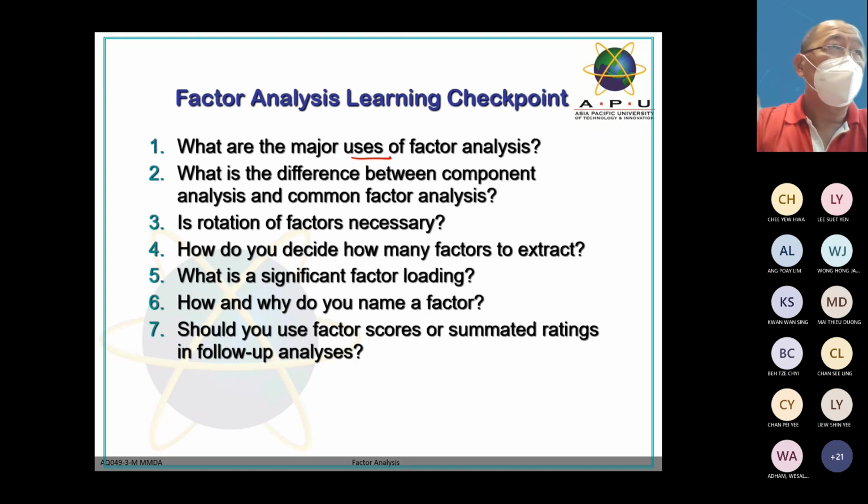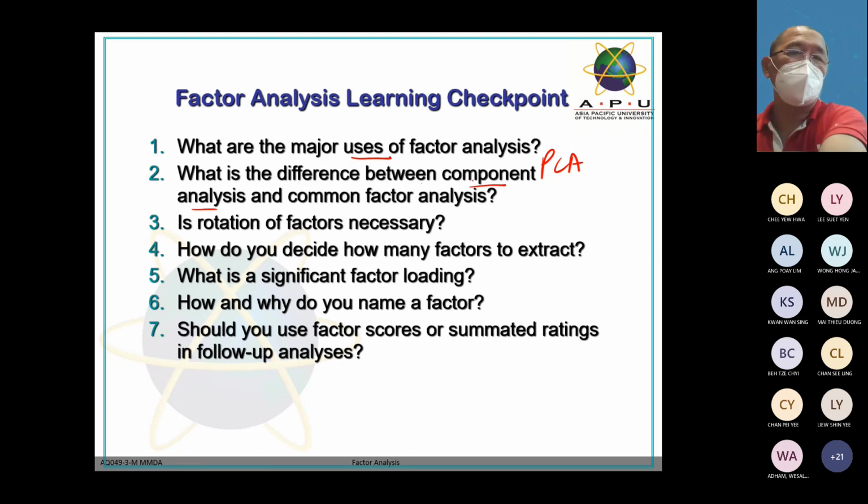Okay, and then second thing, you may also use the outcome for some data analysis in other methods, let's say multiple linear regression. Component analysis here actually refers to principal component analysis. Basically, in principal component analysis, we want to identify the important components, which are most important and which are least important.